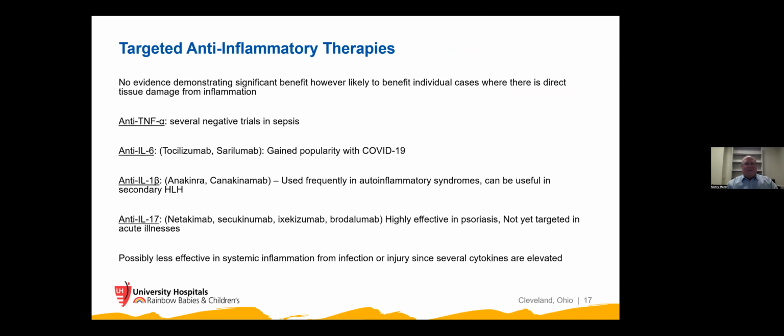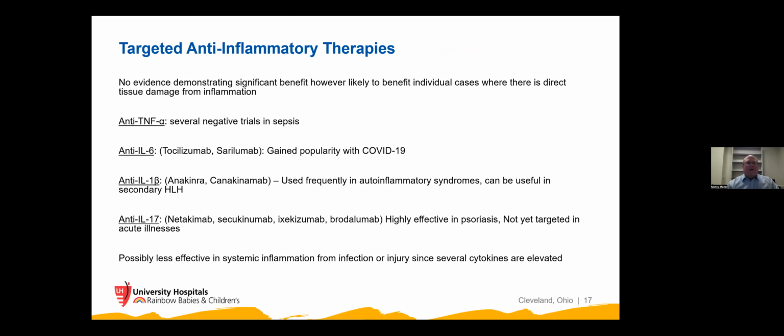So now we have several targeted anti-inflammatory therapies that we'll go through, but unfortunately, none of which have really been shown to cause mortality benefit or even clinical improvements in several of the syndromic cases that we take care of in the ICU.